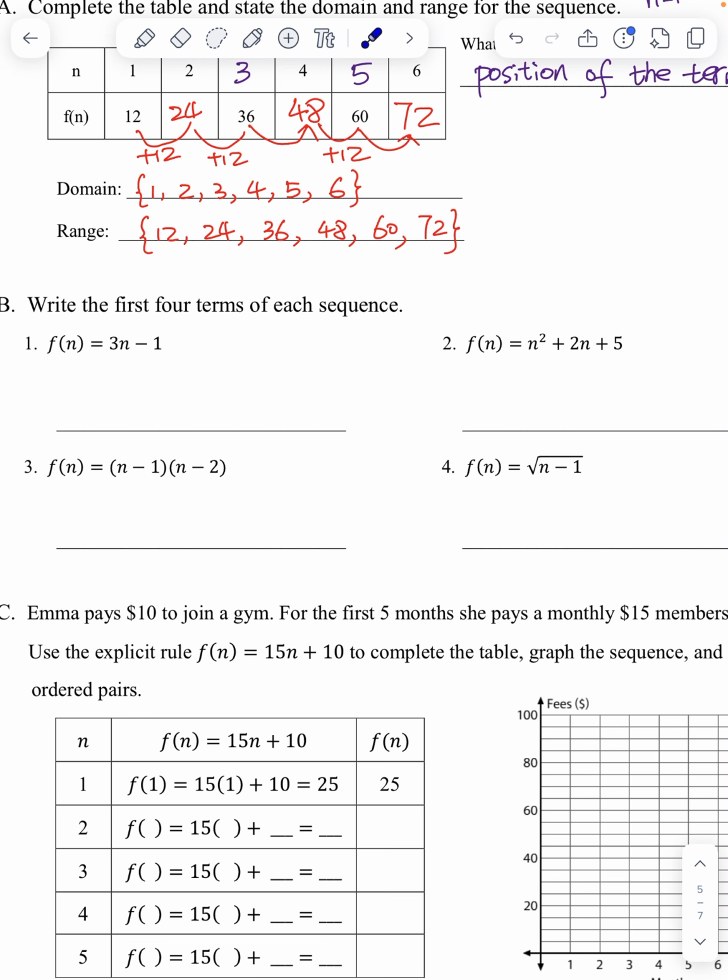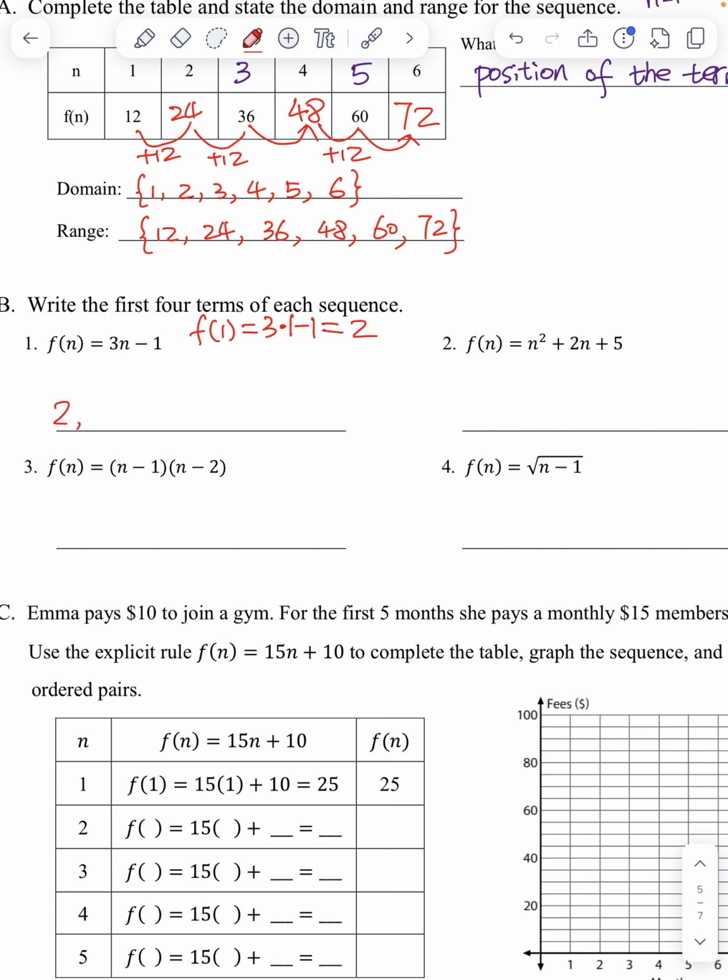So the first term, n equals 1. 3n, that means 3 times 1, minus 1. 3 times 1, that's 3. 3 minus 1, that's 2. So the first term is 2.